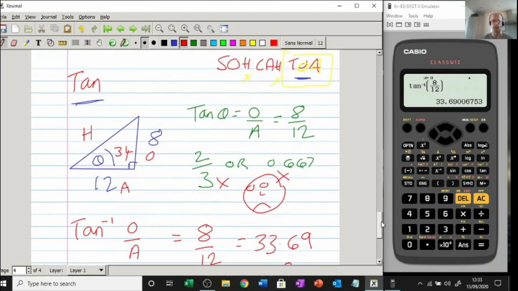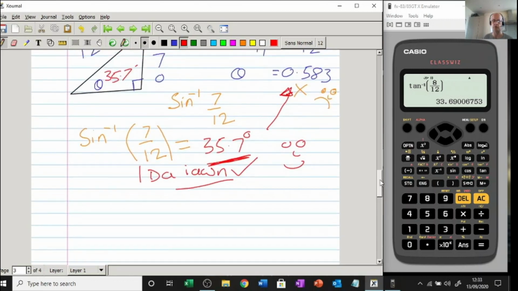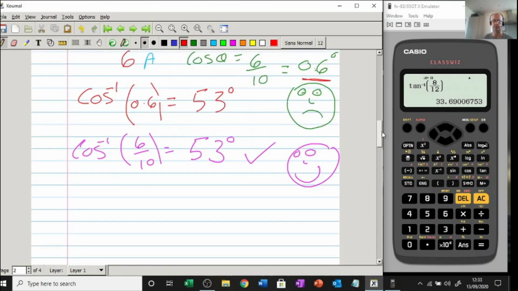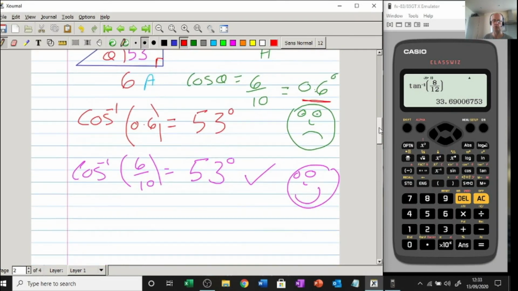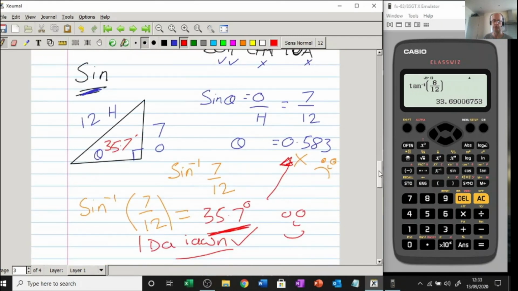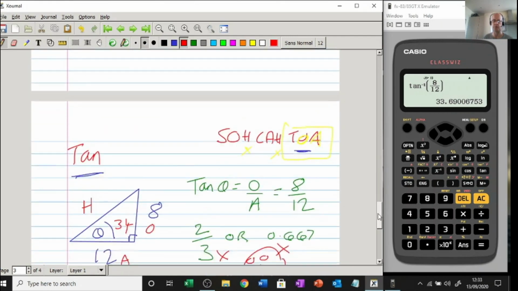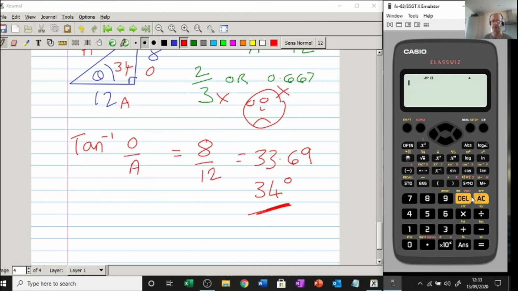And that's it. So when you're working out angles, you've got to do the inverse. Don't just do the two numbers, the fraction, 8 over 12 or 7 over 12. It's got to be the inverse. And you find the inverse by going shift. So if it's sine, you press shift sine.